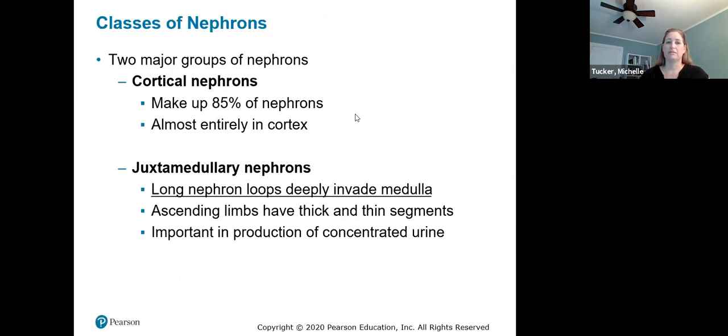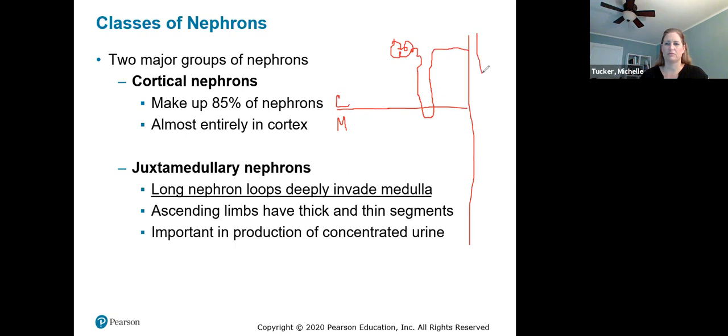There are two main groups of nephrons. 85% of nephrons are cortical nephrons. So when we are looking at the different nephrons, we have our cortex up here and our medulla down here. For our cortical nephrons, the glomerulus tends to be up higher, and then you get the loop, and it just loops a little bit into the medulla and then to the collecting duct.